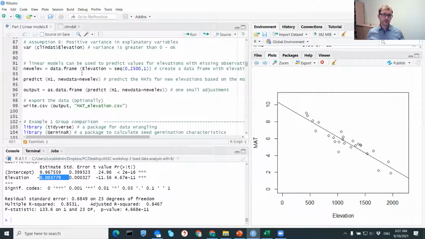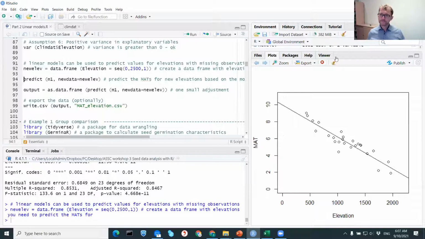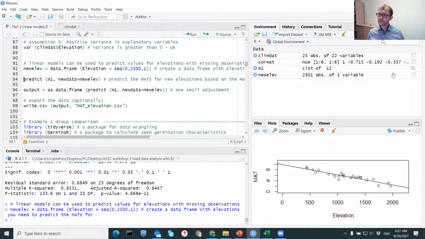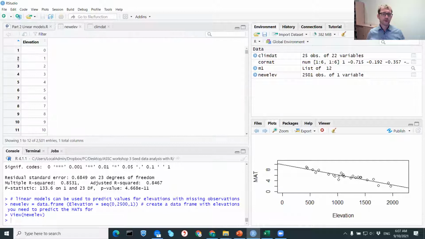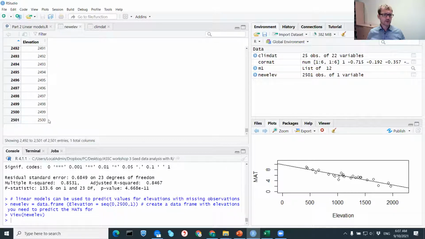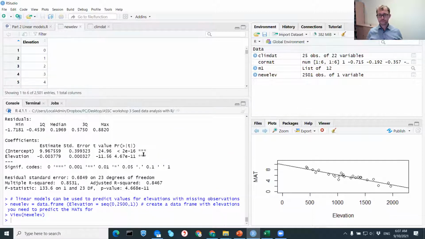And you can also do it in R, it's quite easy. So here I'm creating a new data frame, which consists of elevations going from 0 to 2,500 meters above sea level. And what I can do, I can calculate mean annual temperature for all of those elevations based on the relationship we established with the help of the linear model, right?